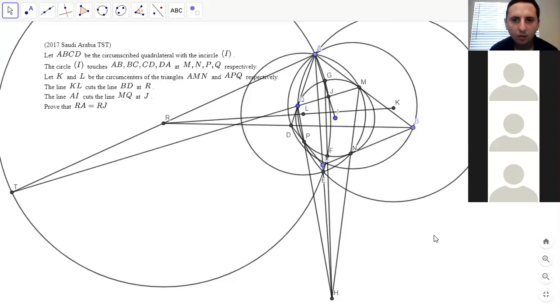Maybe it is good to try to calculate the power of R with respect to the incircle. Because that power should be RA and RJ squared. So RA squared equals RA and RJ because it's orthogonal.